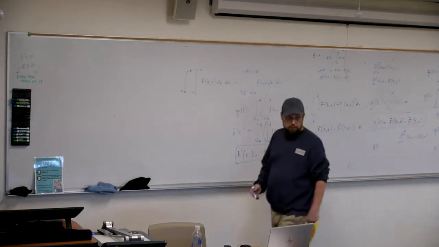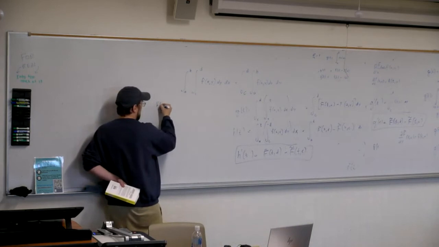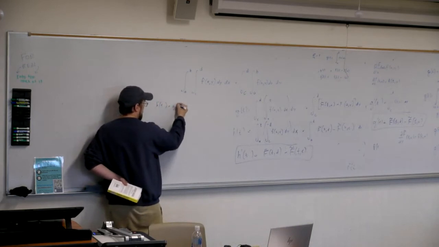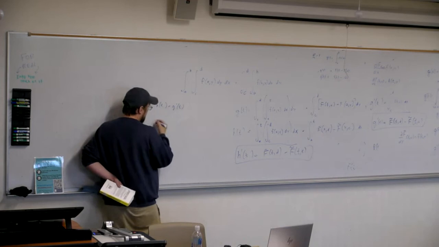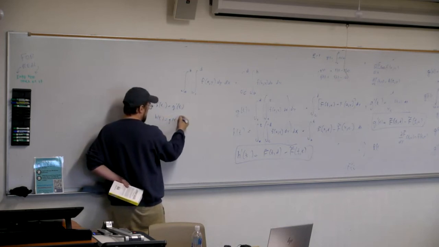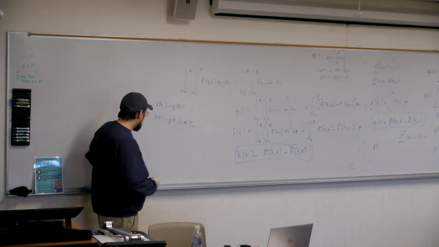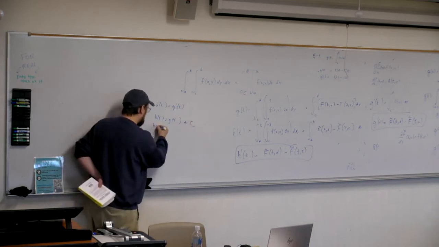I'm sorry, how do you get the constant in this variable? So we have h prime equals g prime, and if I anti-differentiate, you get h is equal to g up to a constant. What is h at a?